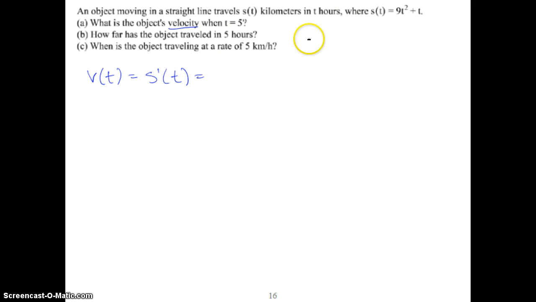s prime of t is going to be what? 18t plus 1, right? So if we say v of 5, that's just going to be 18 times 5 plus 1, which is 91 kilometers per hour.